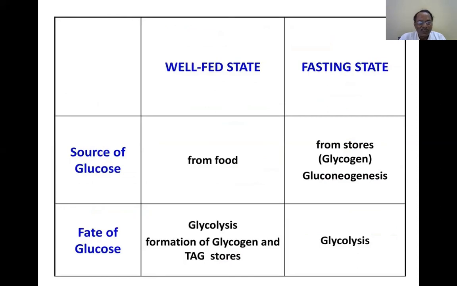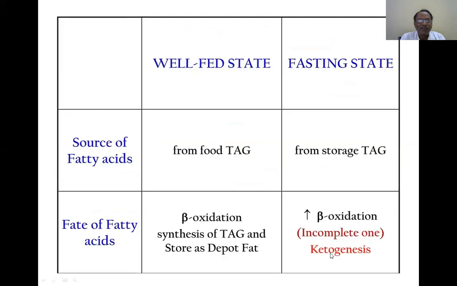The fate of glucose in the well-fed state is glycolysis, and the formation of glycogen is main, and then if still excess glucose is there, triacylglycerides will be synthesized. But in the fasting state, it is going to be glycolysis. The source of fatty acids in the well-fed state is from the food, whereas in the fasting state, the stored triacylglycerols are going to be broken down, not synthesized.